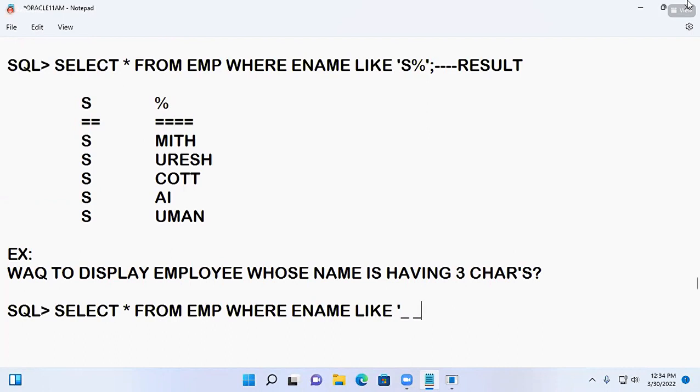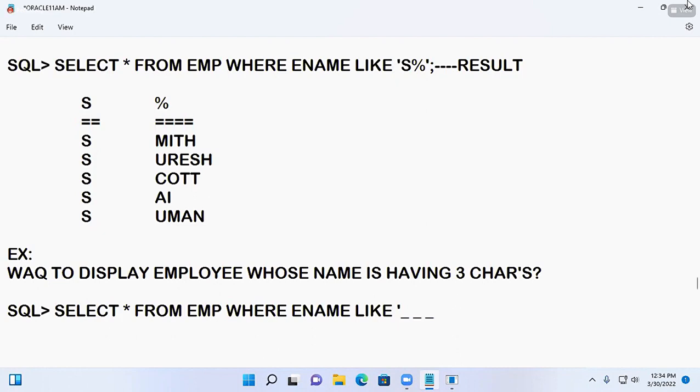That means total 2 characters. One more underscore counting 1 more character. So each underscore counting a single character. So how many characters did I want? 3 characters. So 3 underscores.